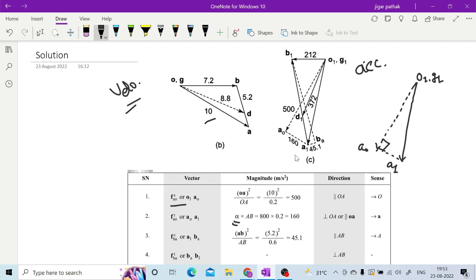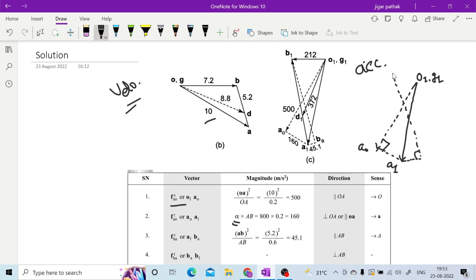So once you are having this, then you can have the centripetal acceleration of B with respect to A. So that is again from B to A, right? So this is this direction which is mentioned here, and from there you can have again this particular perpendicular for tangential acceleration.